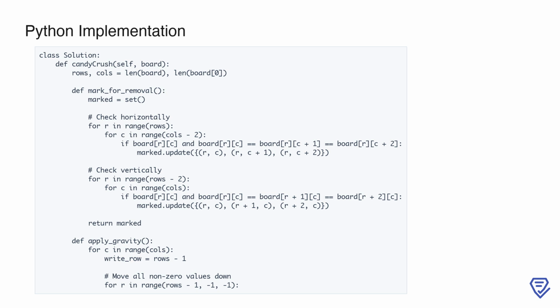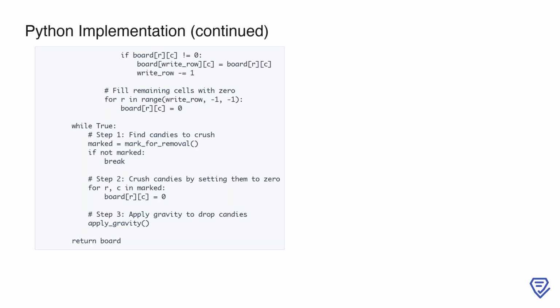Afterward, we define another helper function called apply_gravity, which will handle the logic for letting the remaining candies fall to fill the empty spaces left after crushing. The apply_gravity function works column by column. For each column, we initialize a pointer, right_row, at the bottommost row. Starting from the bottom of the column and moving upwards, we check if a cell contains a non-zero value.